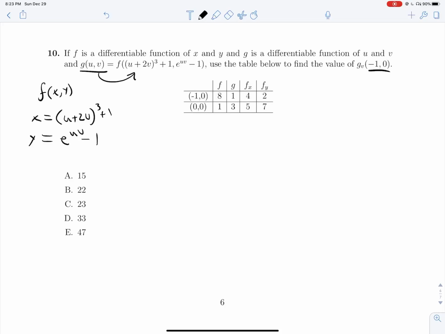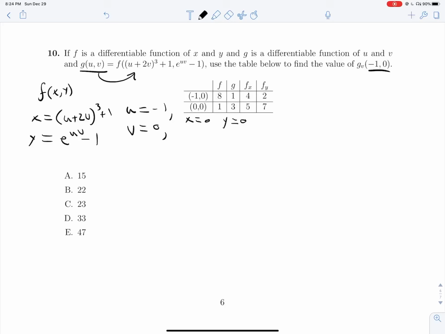So when u is equal to negative 1 and v is equal to 0, x is going to be negative 1 cubed plus 1, so x is equal to 0, and y will be equal to e to the 0 minus 1, so y is equal to 0.